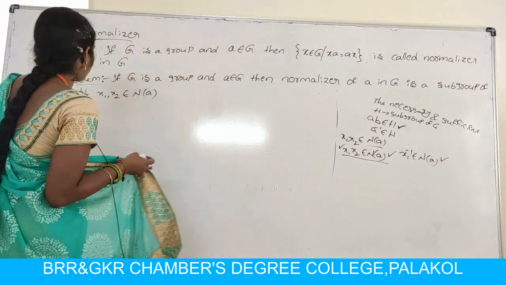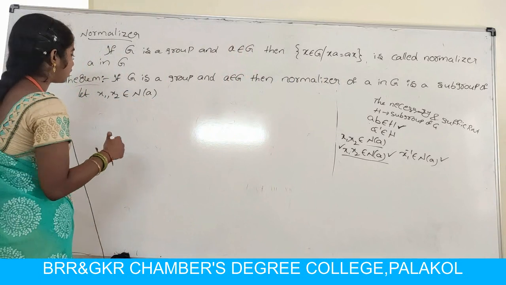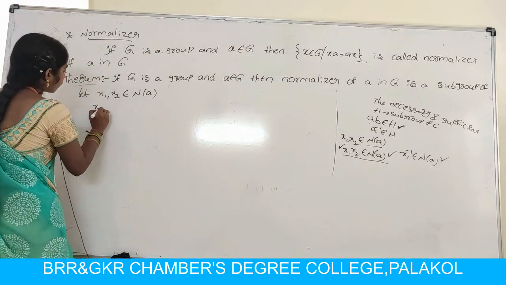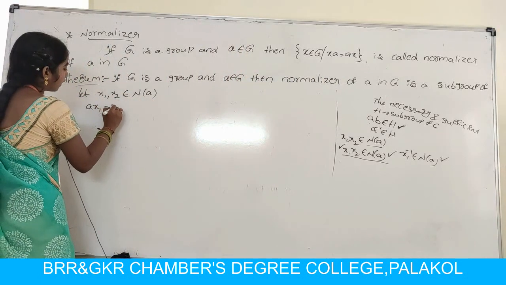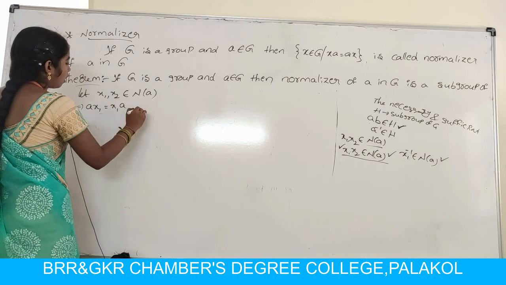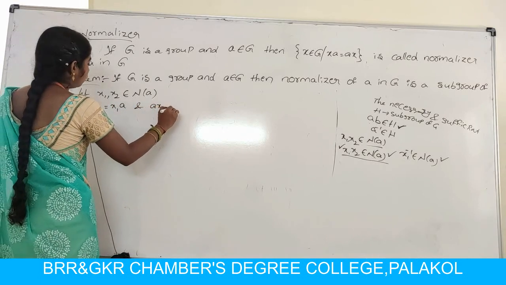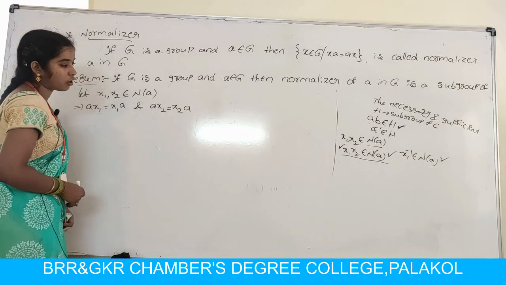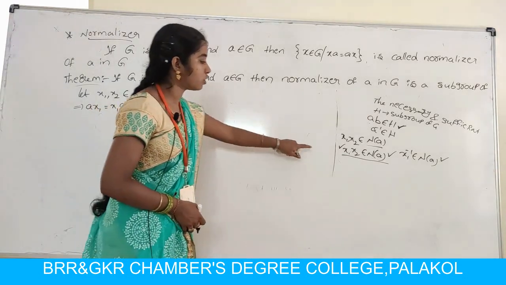So x1, x2 belongs to N of A can be written as ax1 equal to x1a and ax2 equal to x2a. First we have to prove x1 x2 belongs to N of A.